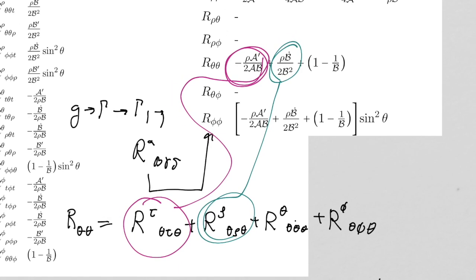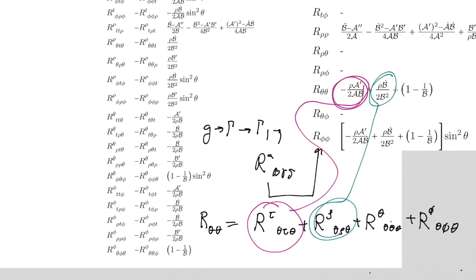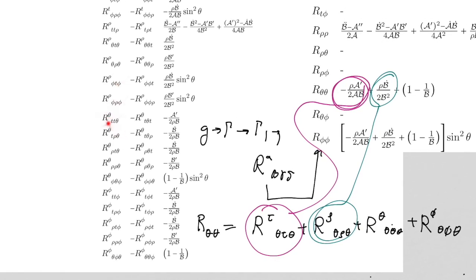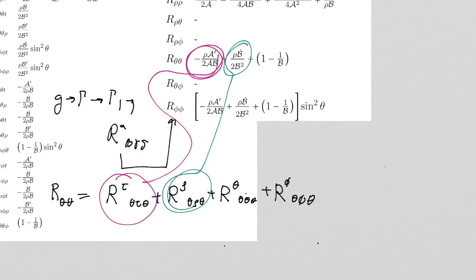And now I need R theta, theta, theta, theta. It's a lot of thetas. Is that one even non-zero? I don't think so. Yeah, see, so there is no R theta, theta, theta, theta. So that one is 0. So we cross that one off, 0. And now I want R phi theta, phi theta.